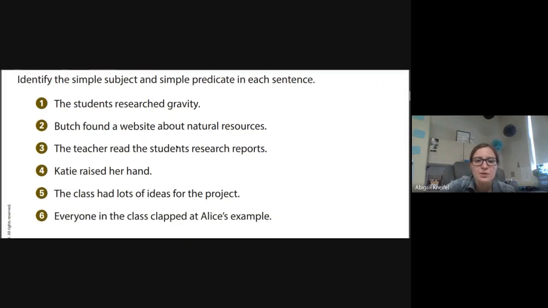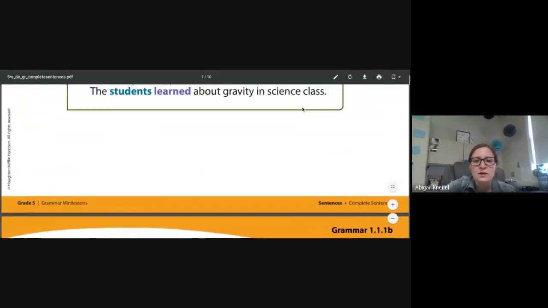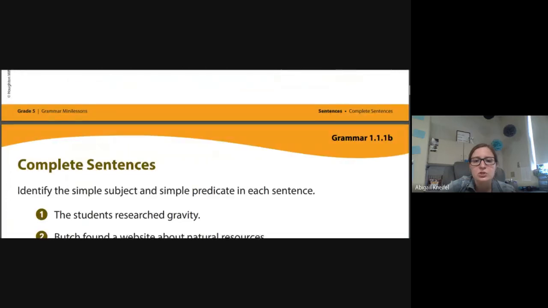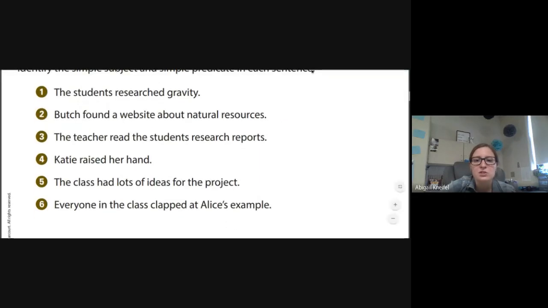All right, number three. The teacher read the students' research report. Same thing. What's the subject? What's the predicate? Who's it about and what did they do?